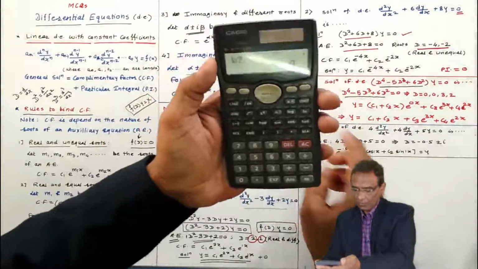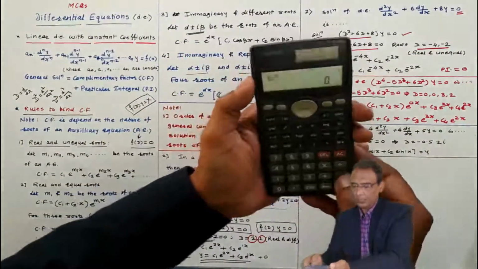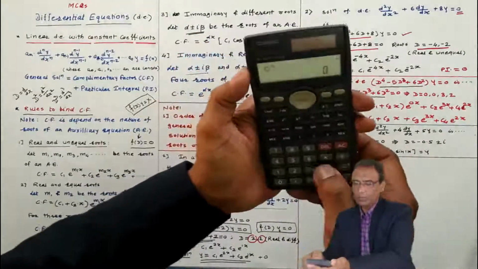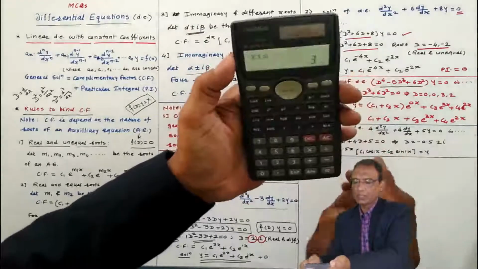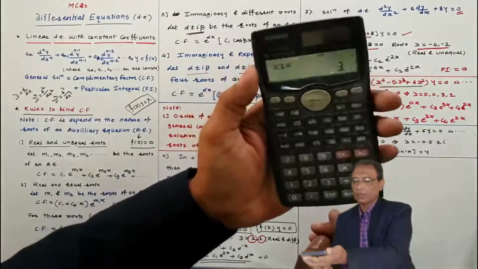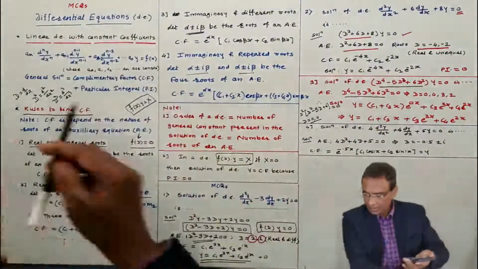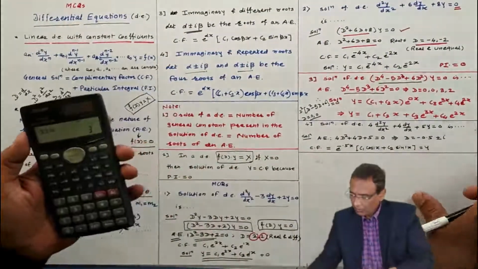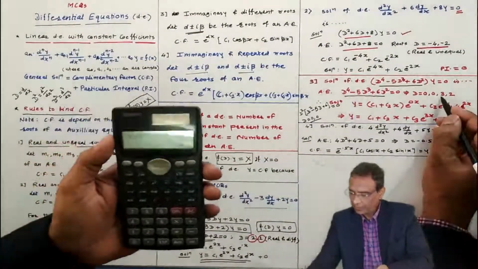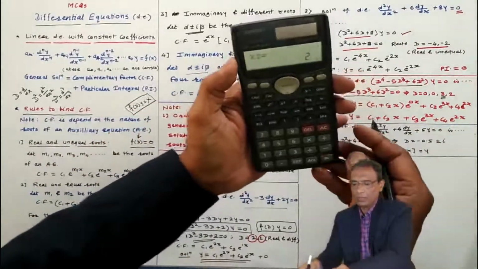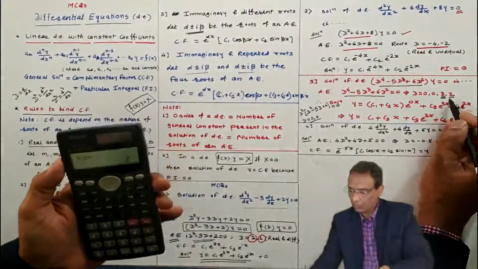The value of b is minus 5, that I have done. And the value of c is 6, again entered. The value of x1 is 3. See here, the value of x1 is 3, and if you press again, the value of x2 is 2.